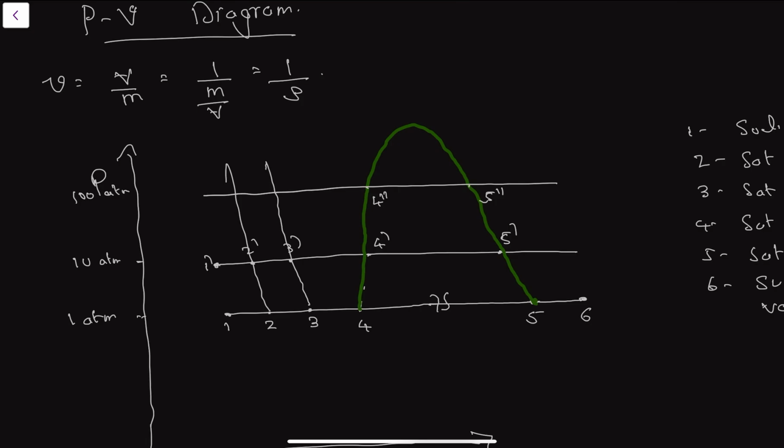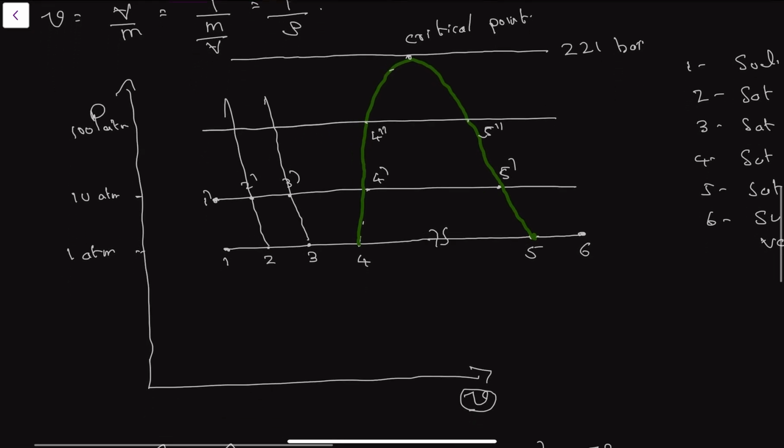And if you are doing this experiment for a pressure corresponding to 221 bar, you can almost see there is no change, you cannot find a change between liquid and gas here, and this point is called critical state, which I will explain in a subsequent lecture. So you will get a dome like this, and this point is called critical point. We will discuss why we are getting a point like that. So this is about the PV diagram.